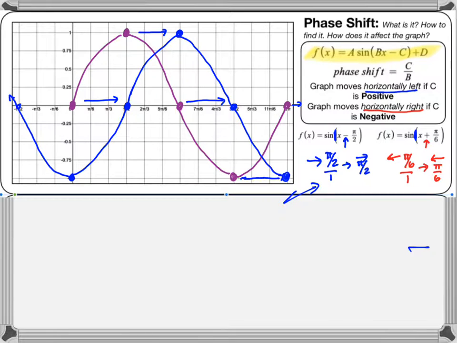So if we're going to go to the left, again, going back to the purple graph and shifting it back. This is going to go here, right? And that means we're taking all the peaks and valleys and the zeros or x-intercepts and putting them back pi over 6, or 30 degrees.